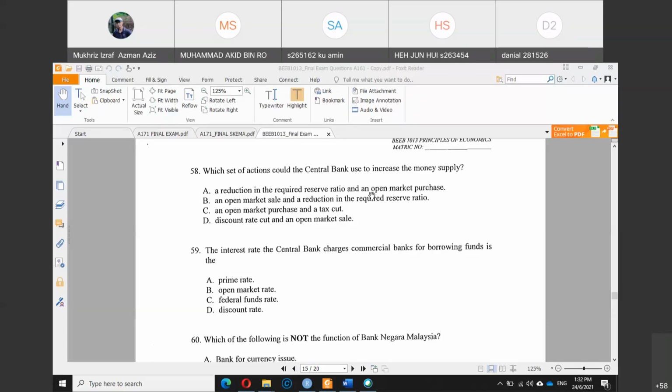The second part is open market purchase. We already discussed the selling and buying of government bonds. A bond is like a piece of paper, a certificate, just like the Sijil Simpanan Premium of Bank Simpanan Nasional. If the government wants to reduce money supply, they will sell bonds to the public.